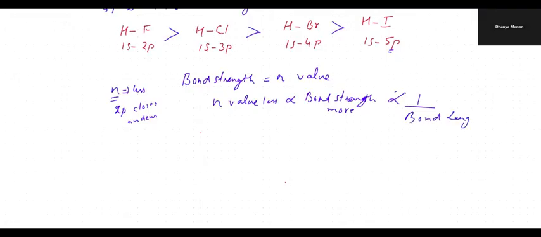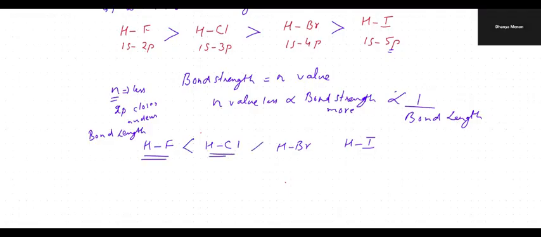So if the same thing is asked, HF, HCl, HBr, HI, and you are asked to arrange them according to bond length, it will be the opposite. Because HF is a stronger bond, it has less bond length than HCl. HCl has a lesser bond length than hydrogen bromide, which has lesser bond length than hydrogen iodide, because bond strength is inversely proportional to bond length.